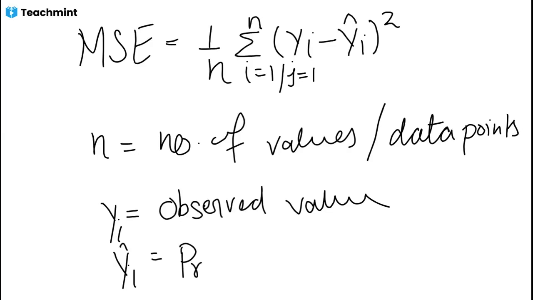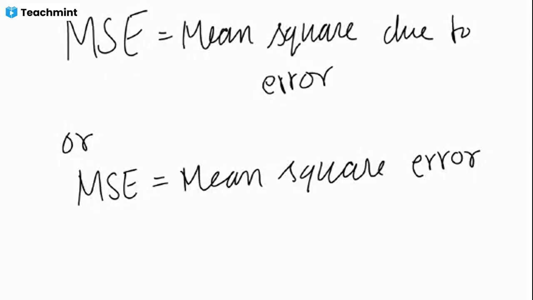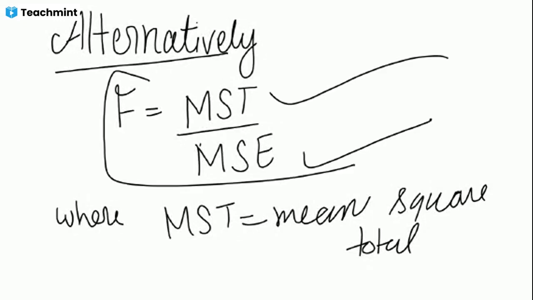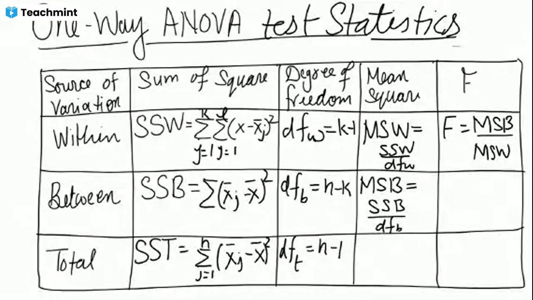That is why we need to know. If they have given us this one and this one, then we can find F directly. Or if they have given us this data, then we'll find it by using this table. Now let us do one question to understand this well.